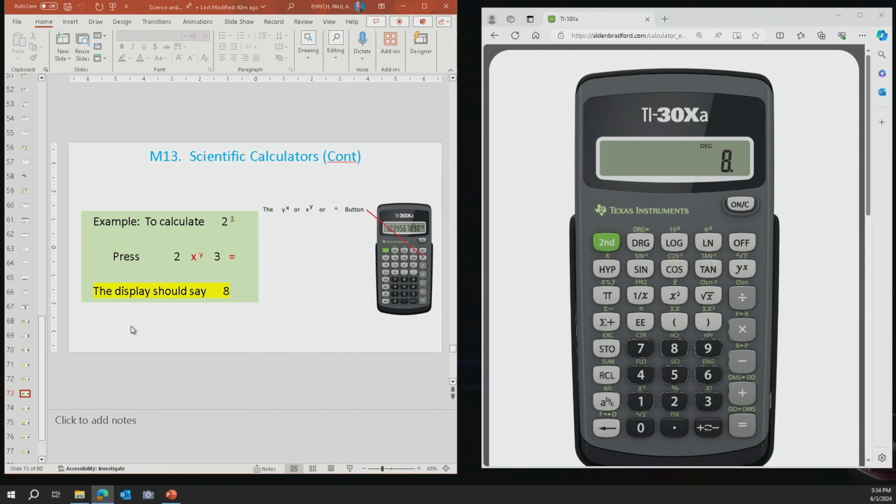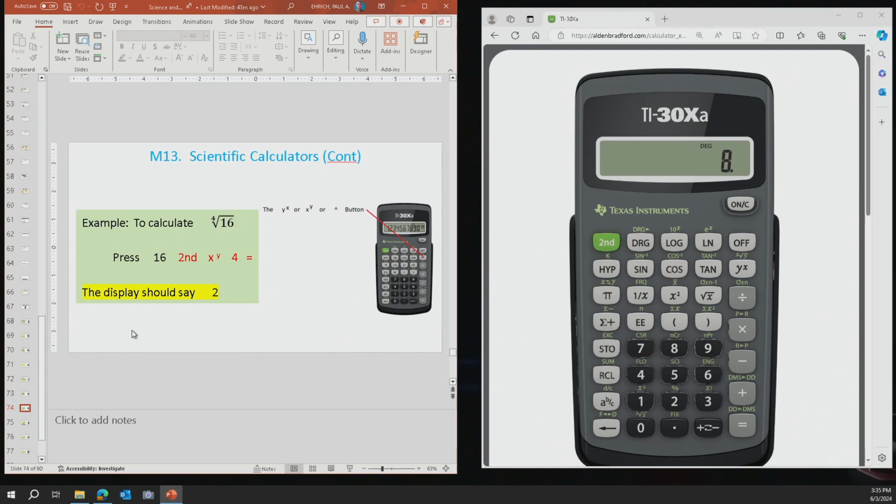Okay, so let's do another one here. This time we want to take the 4th root, so it's not a square root, it's a 4th root of the number 16.